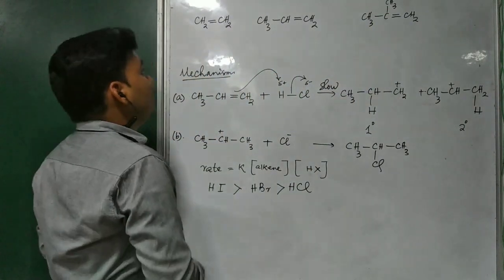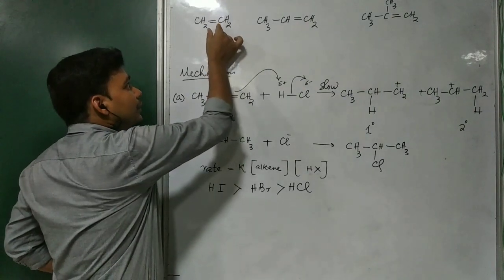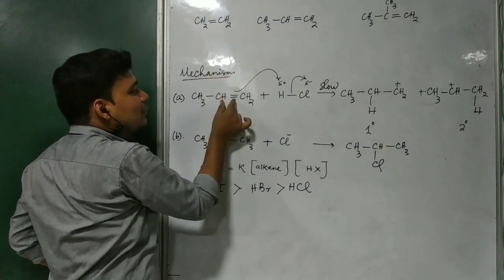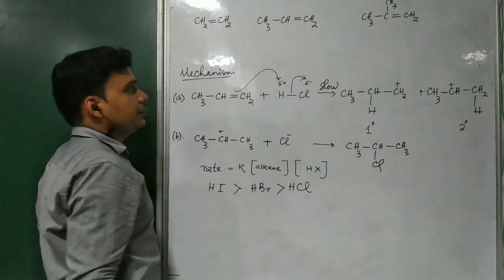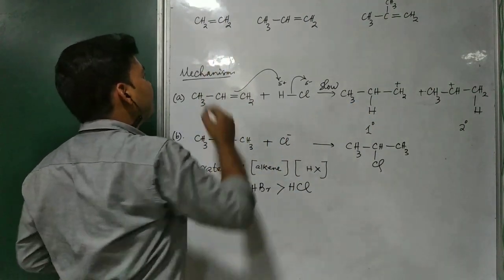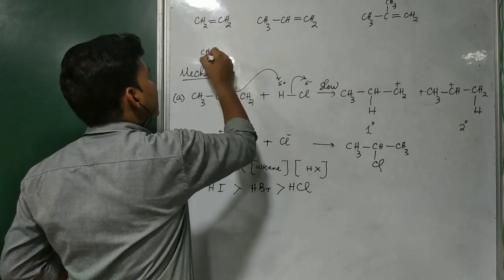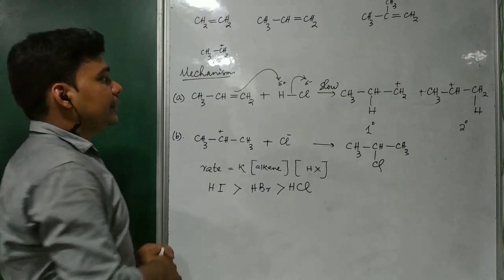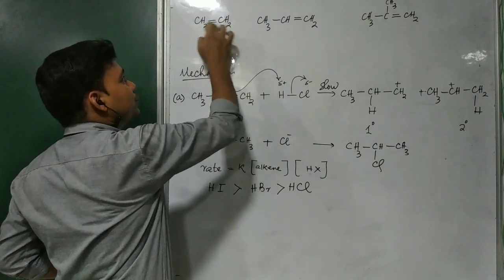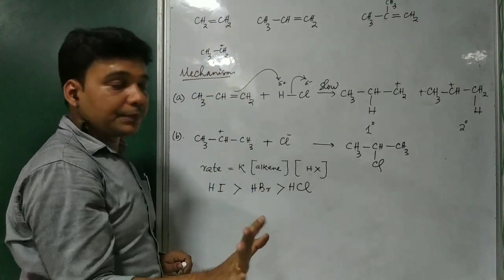If we assume this alkene molecule as our substrate, then in the slow step we will get a carbocation. Which type of carbocation? CH3-CH2 plus. This will be your carbocation. If this H plus is added to any of these two carbons, then you will get this carbocation.